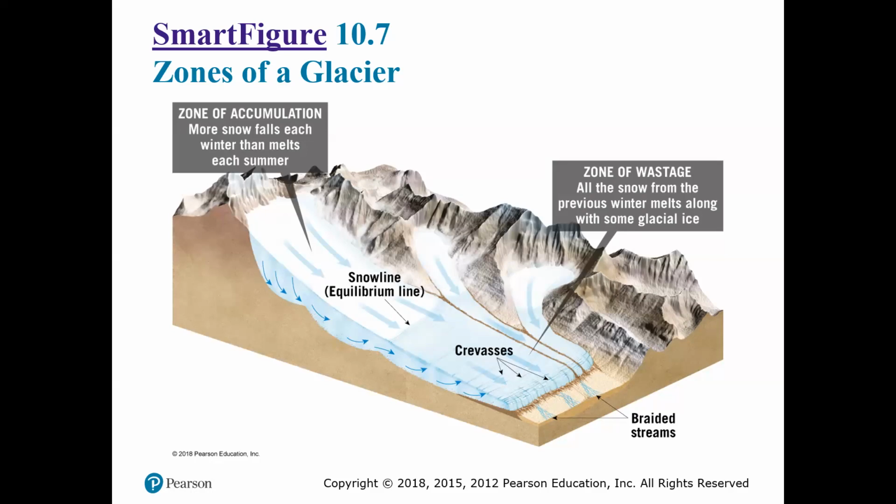And as you learned, if ice accumulation exceeds wastage, then the glacial front advances until the two balance. If the warming trend increases wastage, or leads to a drop in snowfall, then the ice front, the glacier, will retreat.